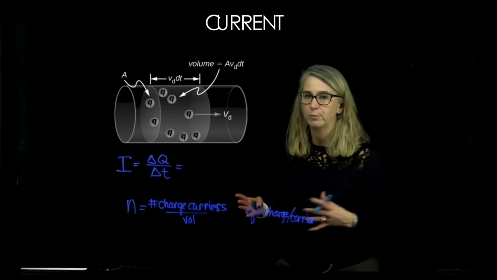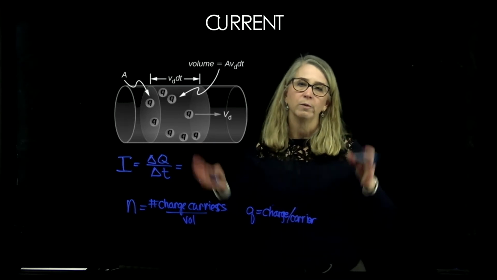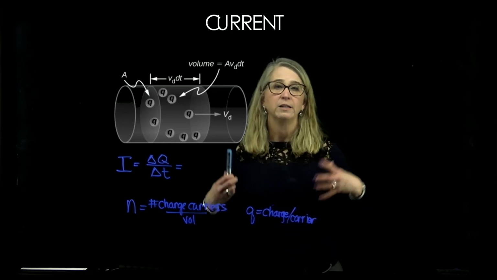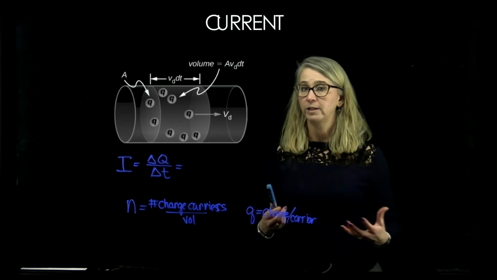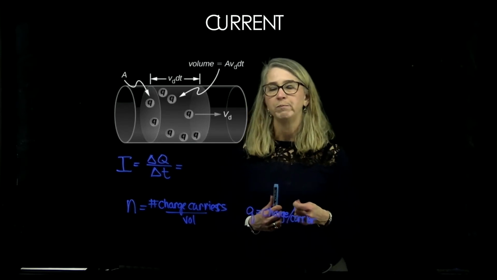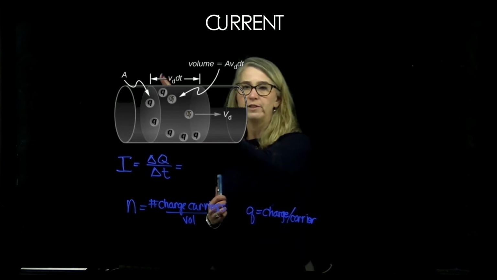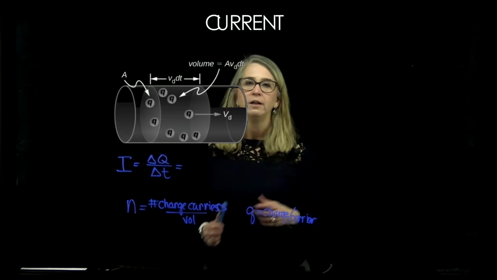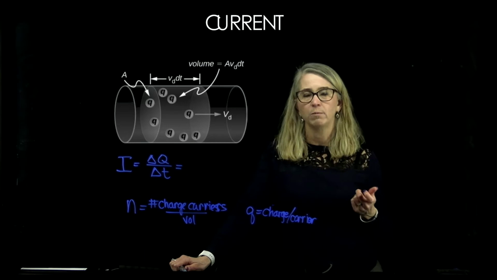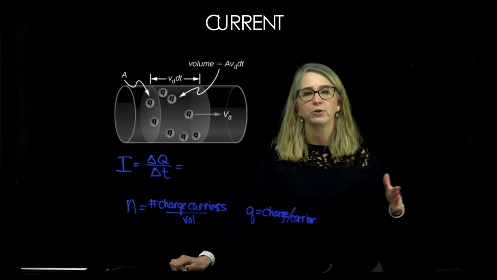So let's look at this picture. Again, we're imagining taking a small piece of a wire, and it's going to be a cylinder, just to make it simple. We have this cross-sectional area here, and we're going to imagine starting my stopwatch and allowing a certain amount of time to pass by.